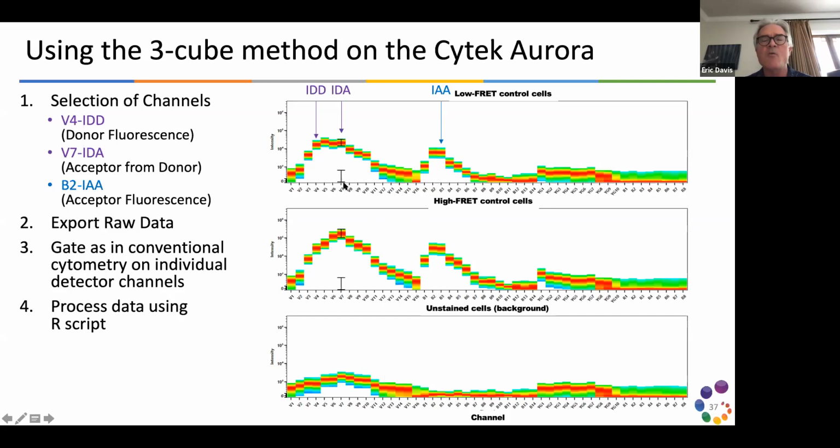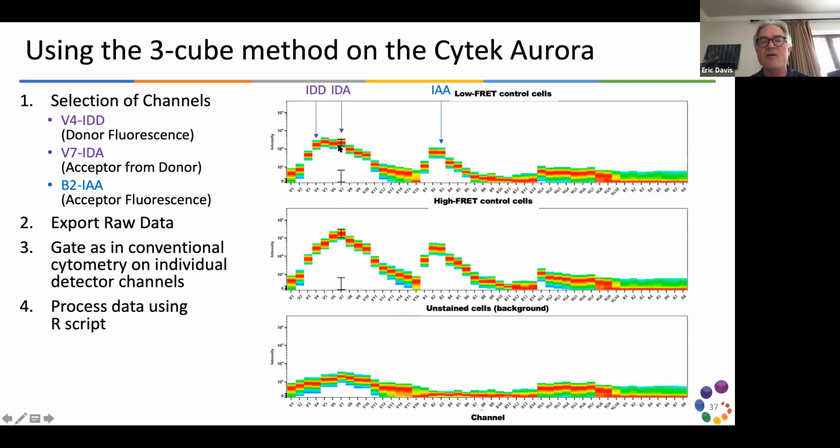We know which channels were IDD, IDA, and IAA based on the laser that excited and the wavelength of the excitation. But you can also see that there's a bump if you compare the high FRET spectrum to the low FRET spectrum, and that is the effect of FRET, and that is the IDA channel.